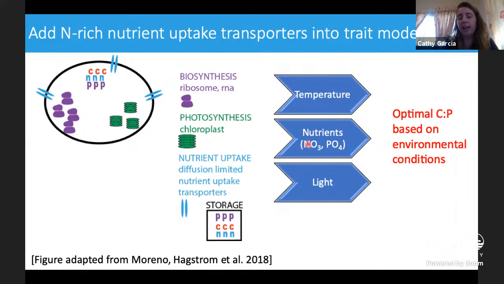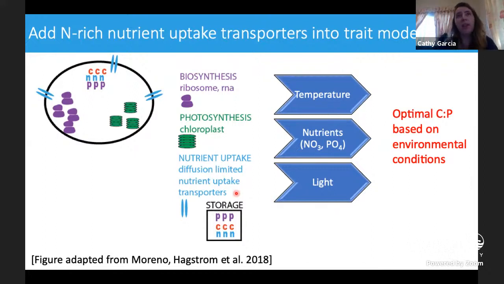So we wanted to add nitrate into the model. There are some studies by, I think, Nathan Garcia and Juan Bonachela, among others, that look at the effect of nutrient uptake transporters on the phytoplankton cell.